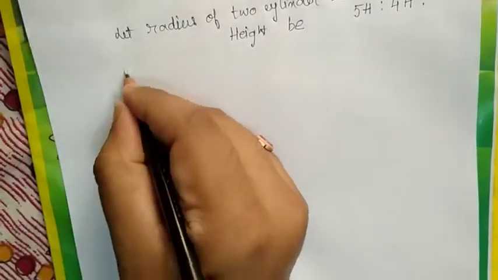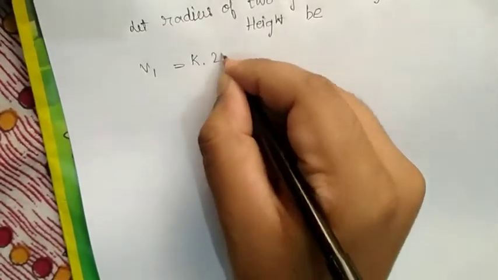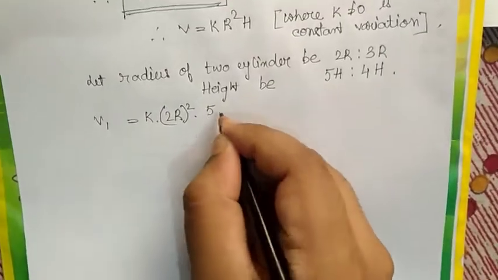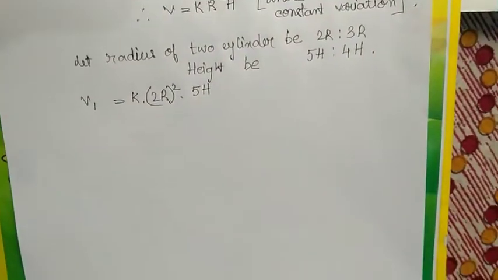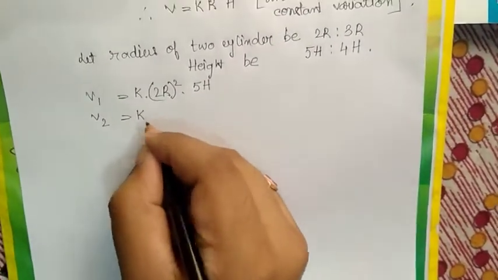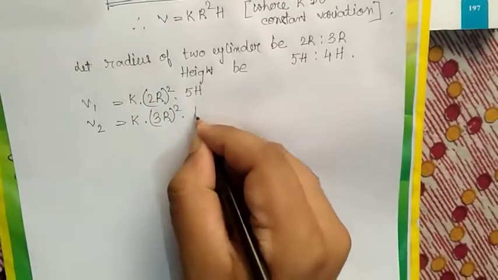So therefore V1 equal to K into 2r whole square into 5h, and V2 equal to K into 3r whole square into 4h.